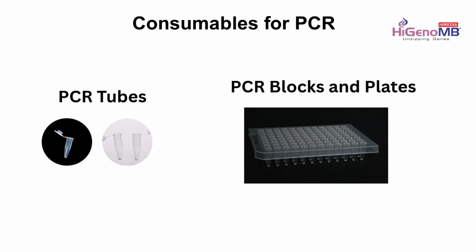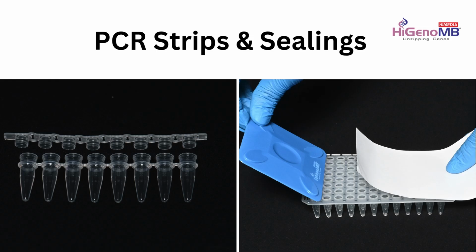But if you are going to use a large number of reactions, then you use PCR plates, which have 96 such PCR tubes arranged in an array of 8 rows and 12 columns. So this is a PCR strip, and after you set the reaction, you use a sealer to cover the PCR plate.